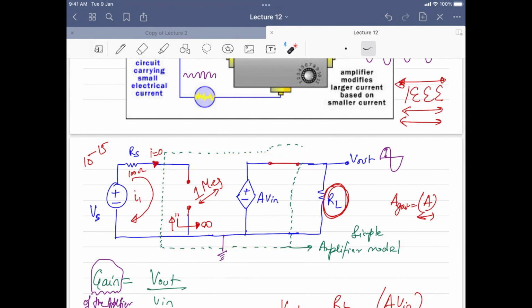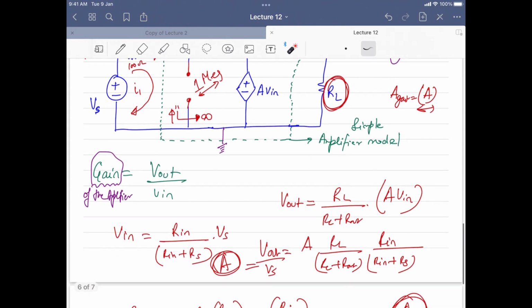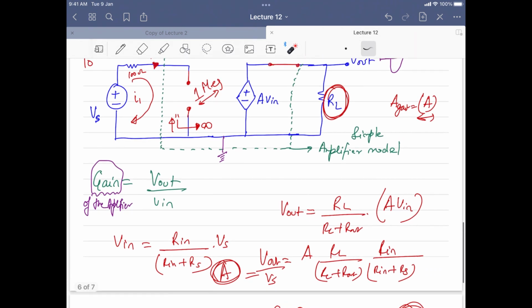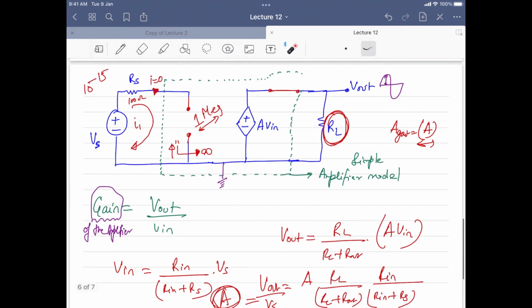Sir, I did not understand the derivation of this A1. What specifically you didn't understand? Like how we mentioned that gain is specifically V out by V in, but then you said that you have got V out by VS. Okay, just a second. This will actually not be V out by V in.